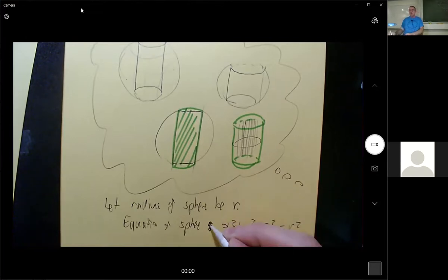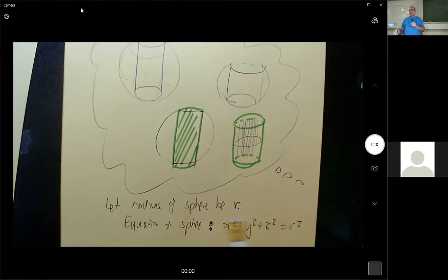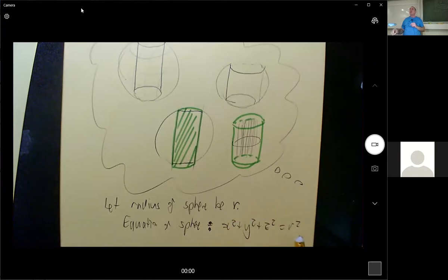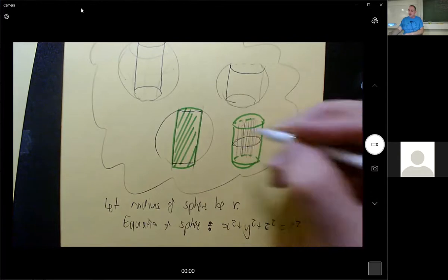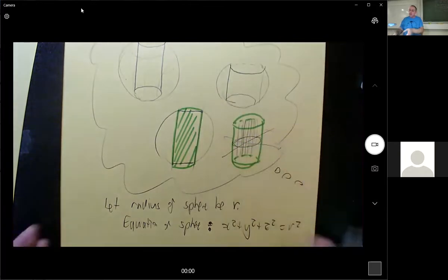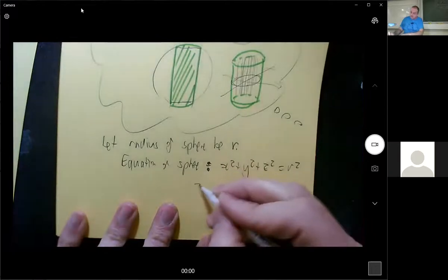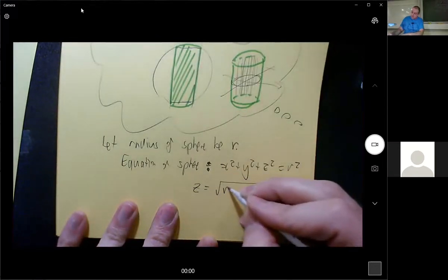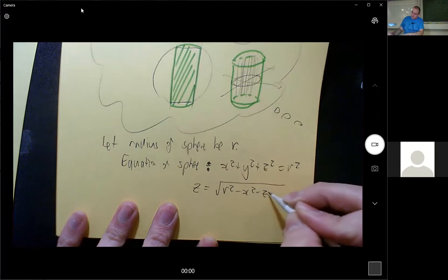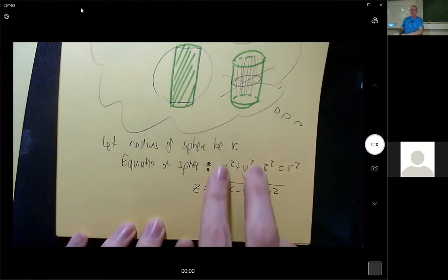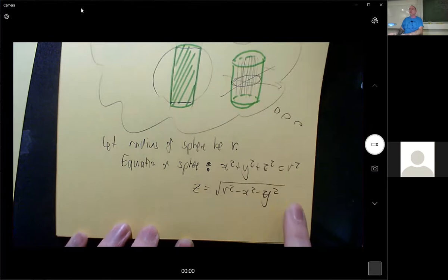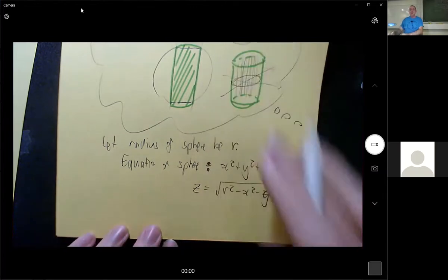Being of radius r, this is the distance from the center, and that must be equal to r squared. That's my guess, the equation of a sphere. And so the height of the sphere above the middle there ought to be like that. We'll take the x squared and the y squared and do the square root, and that'll be the top of the sphere.